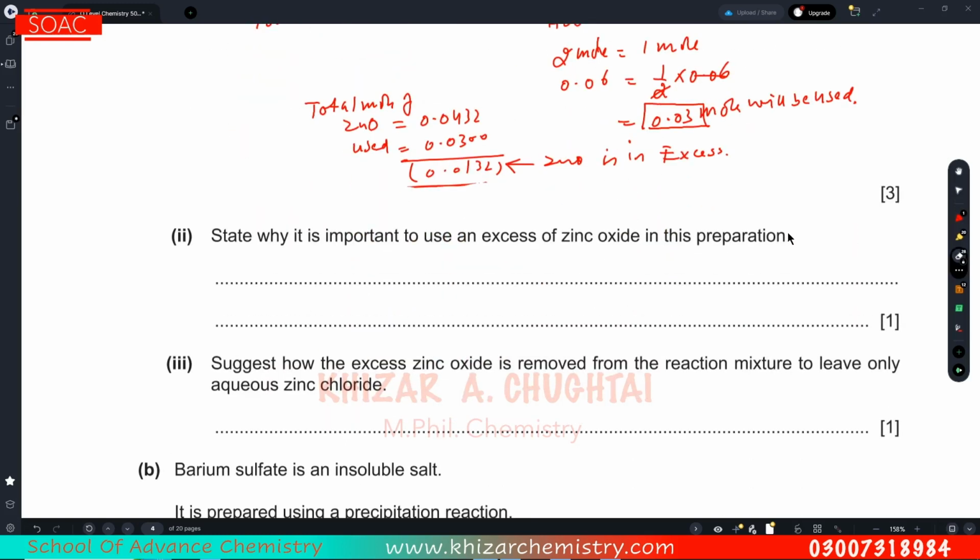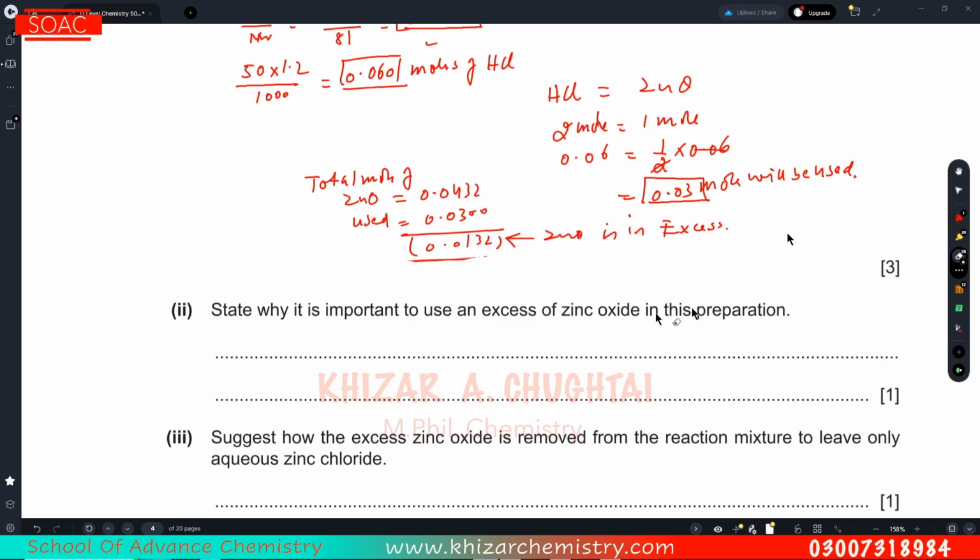Come toward the next portion, state why it is important to use excess zinc oxide.